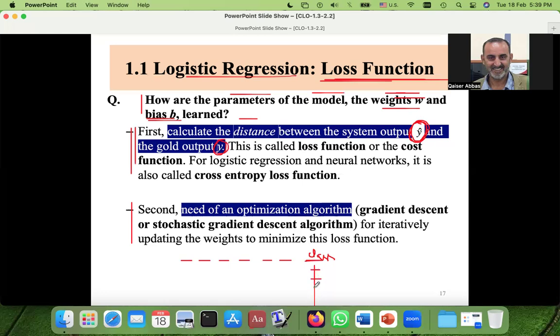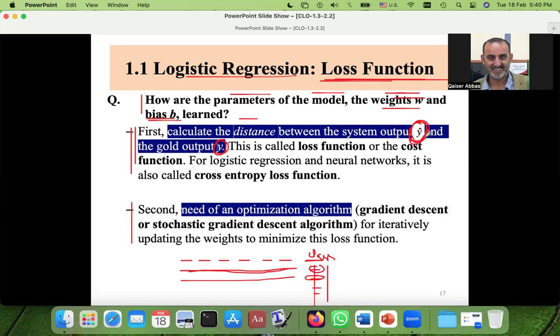These 0, 1 values available in this column for the whole row: if you have these things, then this is class 0, and if you have these things, then this is class 1, and you go on like that. So the class decision available in the data set is called y in our calculation, which we started in the previous lecture, and y cap is the class predicted by the model.